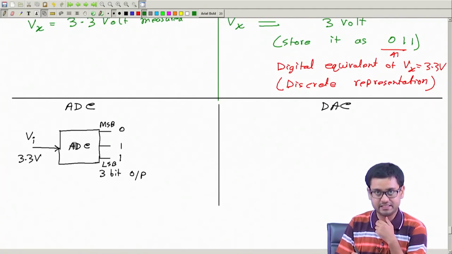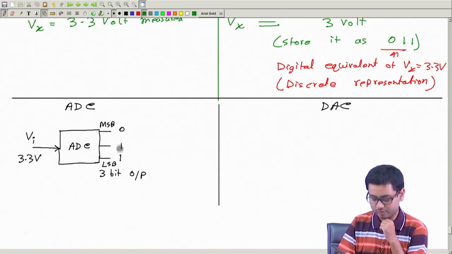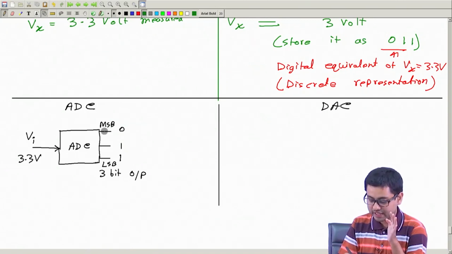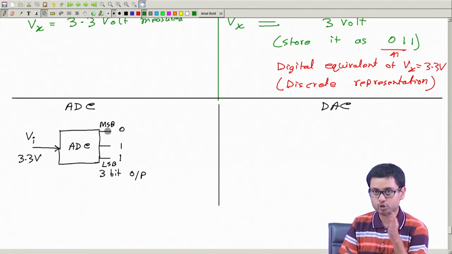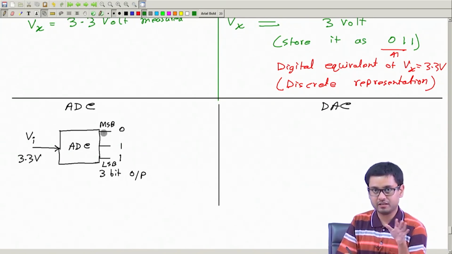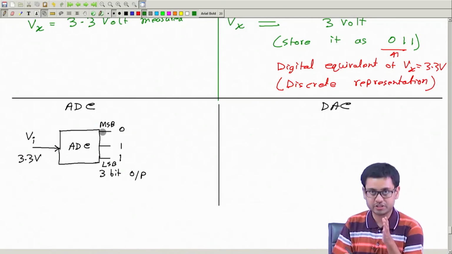So the task of an ADC is to take an analog voltage and convert it into a digital value. Okay, so all these outputs can either be high or low. These cannot take any arbitrary value like 2.5 volt, 2.6 volt. It can take only logical 0 and logical 1.